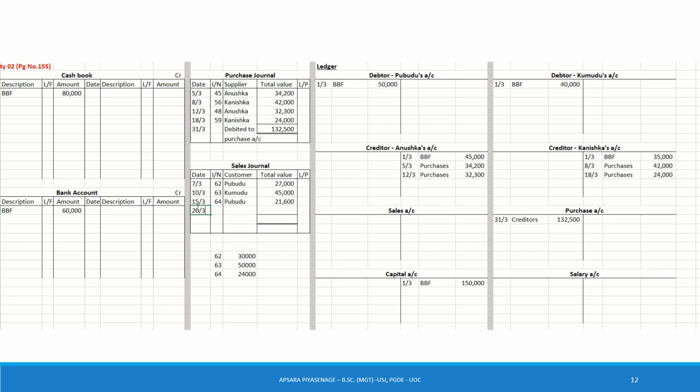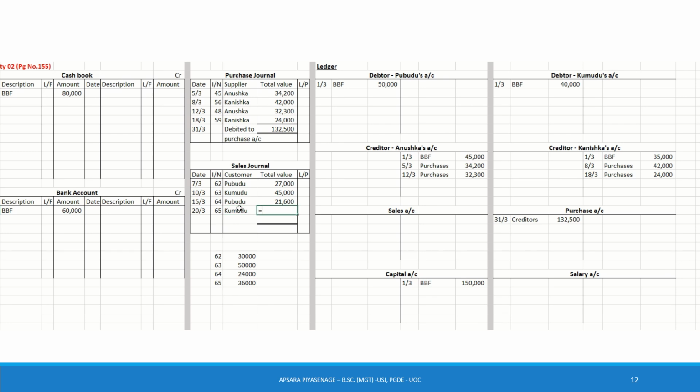Then on 20th of March, invoice number 65. There is 20 sarees at 1,800 each. That is 36,000 sold to Kumudu.